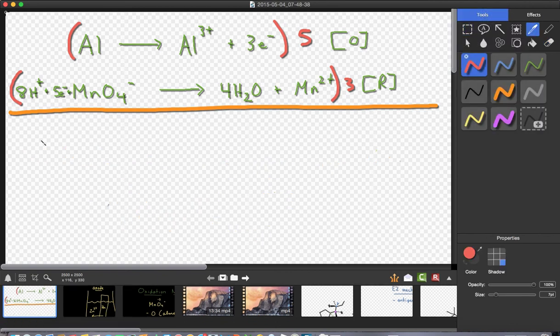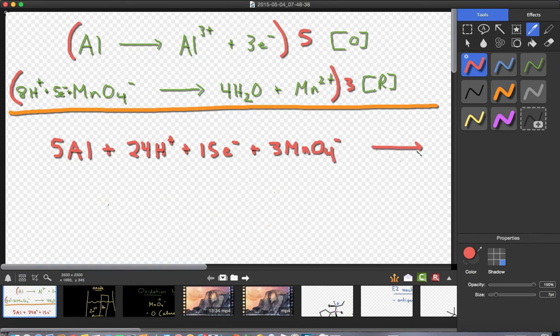So if we do some simple math, we have 5Al plus 24H+ plus 15 electrons plus 3 permanganate yields 5Al3+ plus 15 electrons plus 12 H2O plus 3 Mn2+.